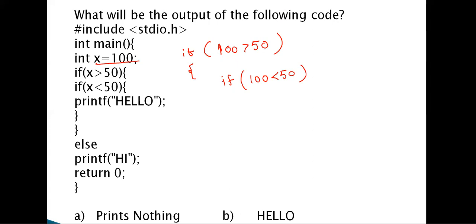If x less than 15, open, for example, printf hello, close, again close. This is the structure. That means if the condition is true, we are entering into the if statement. In the inner if statement, the condition is false and the bracket is closed and this bracket is closed.